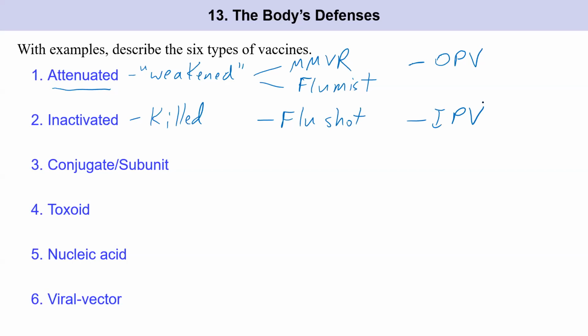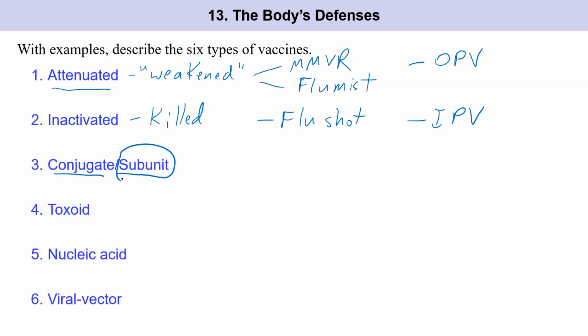Conjugate subunit. I'm not going to get into the differences between what a conjugate and a subunit is, but it's there in the definition. You're looking at basically a part of the cell that is the vaccine, so you're not even getting the pathogen at all.